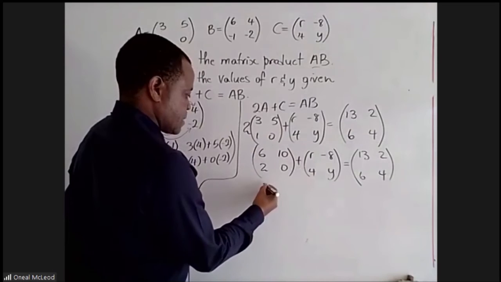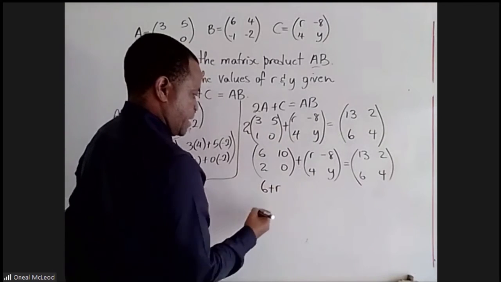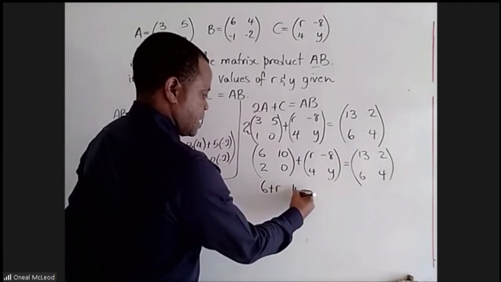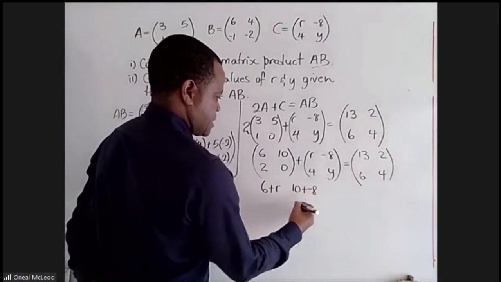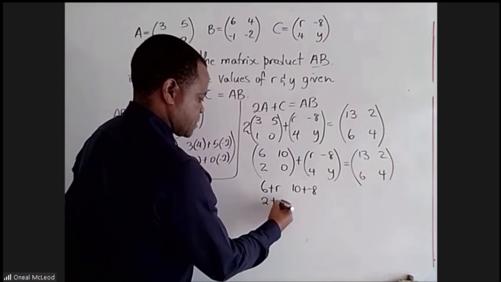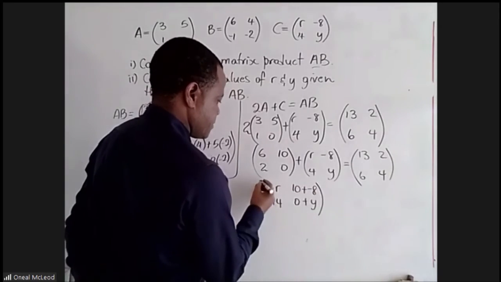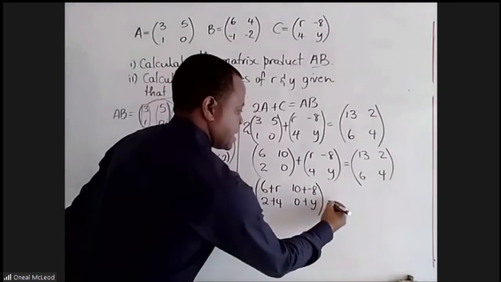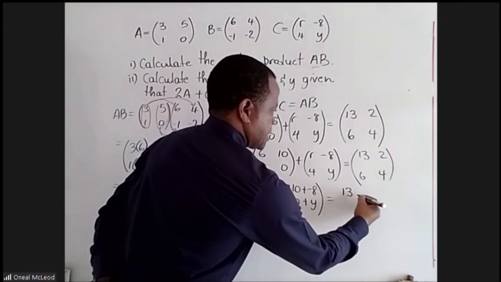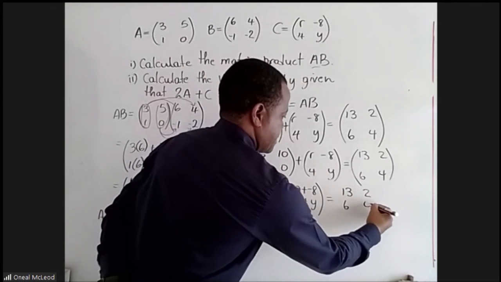So it becomes 6 plus R, 10 plus negative 8, 2 plus 4, and 0 plus Y. Now, this would be equal to 13, 2, 6, and 4.